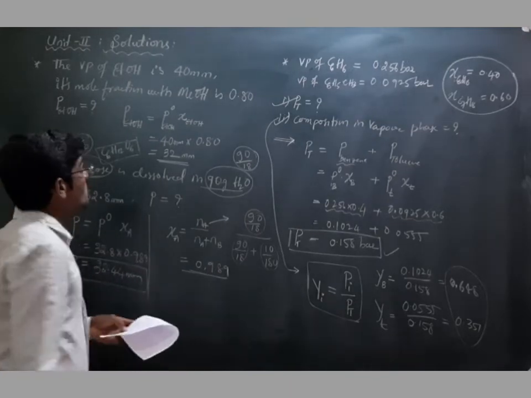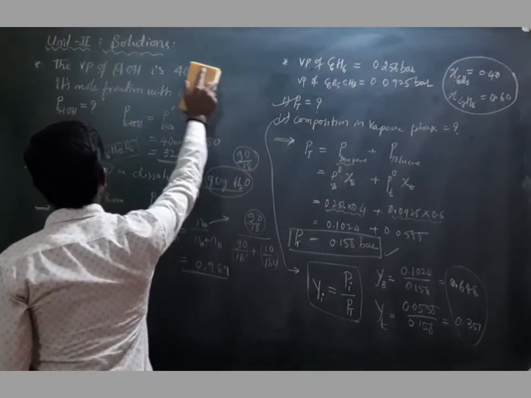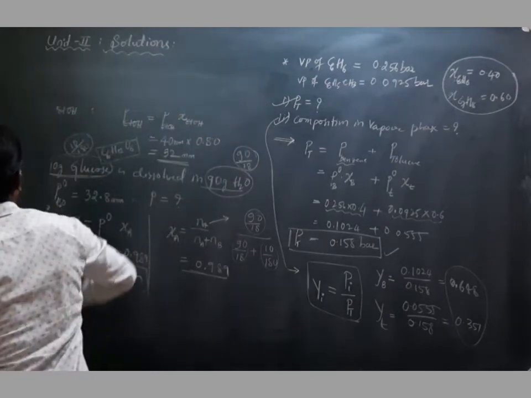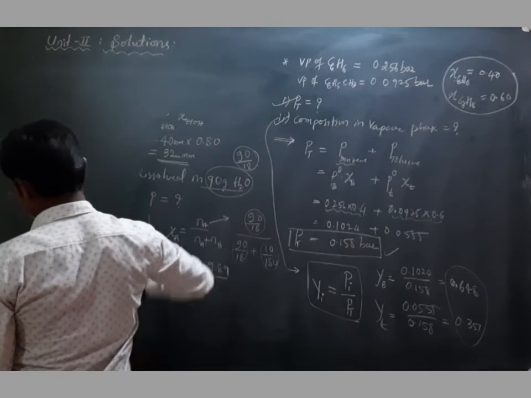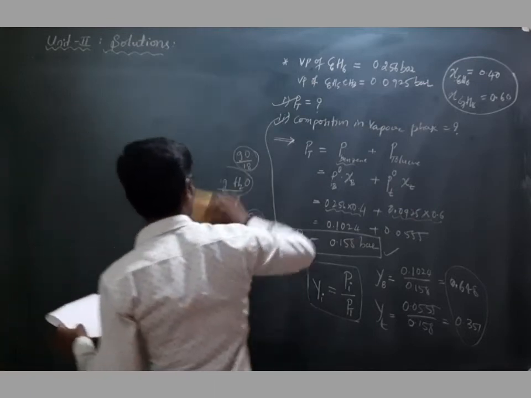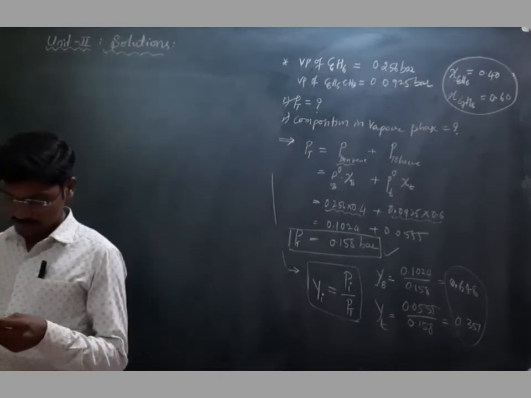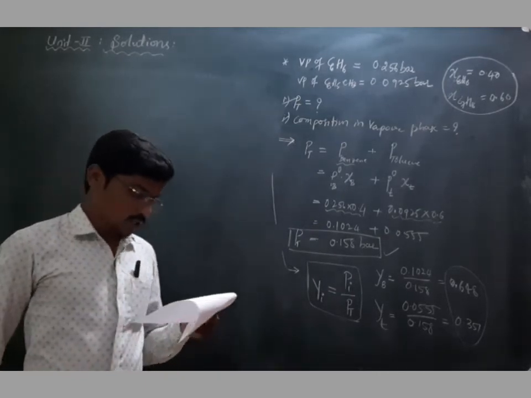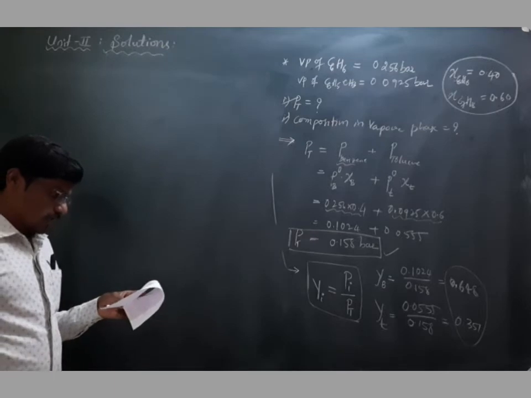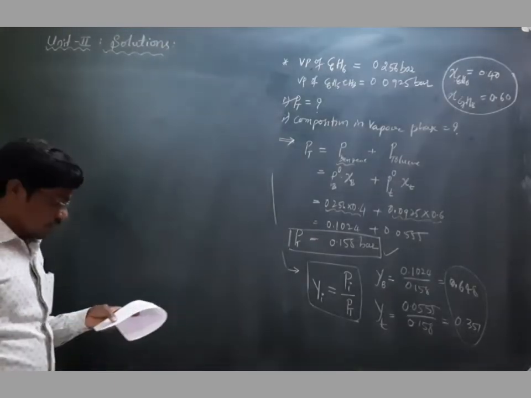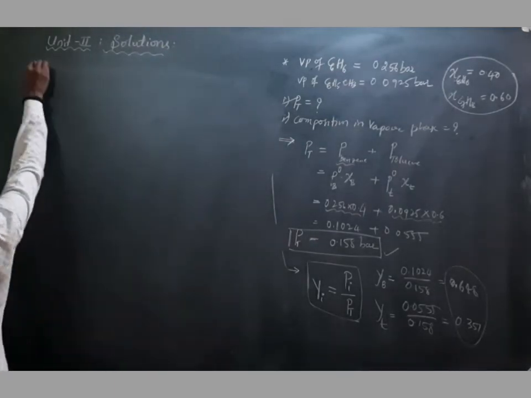The vapor pressures of dichloromethane and chloroform are given. Calculate the total pressure if a solution is prepared by this. Note down the given data in this case.